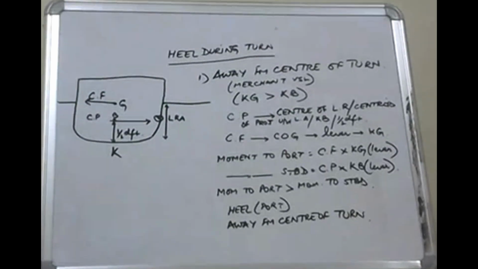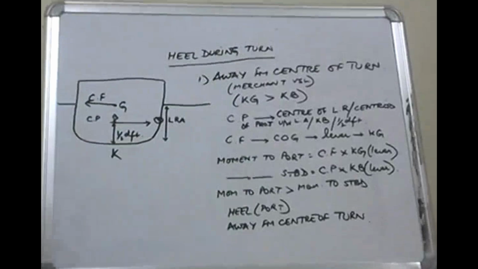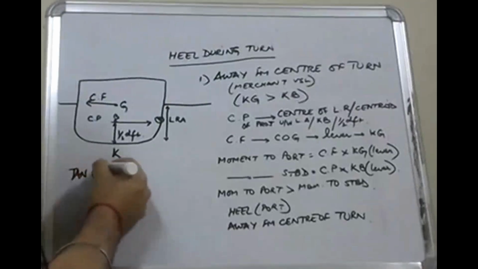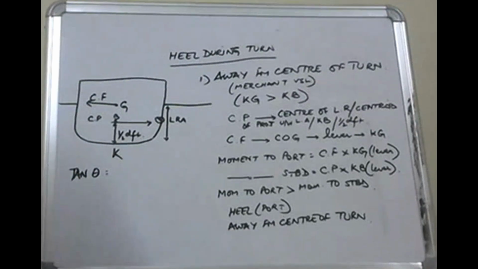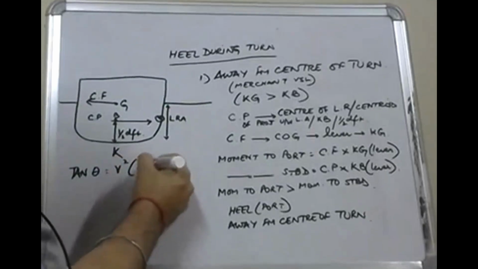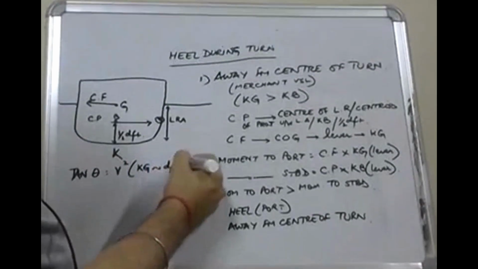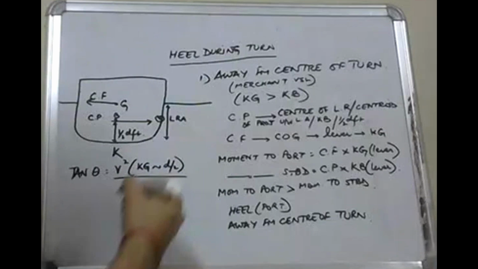Any questions before I move to the formula now? I'm moving to the formula. The formula is tan theta is equal to V square into KG minus d by 2, upon g R, for angle of heel.